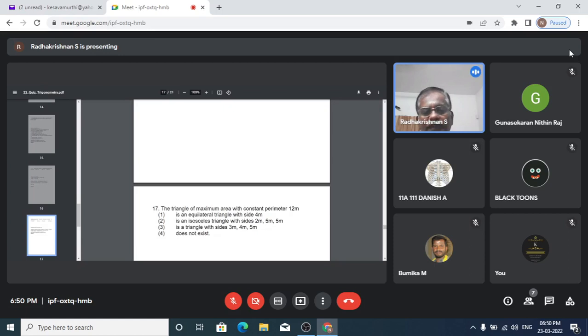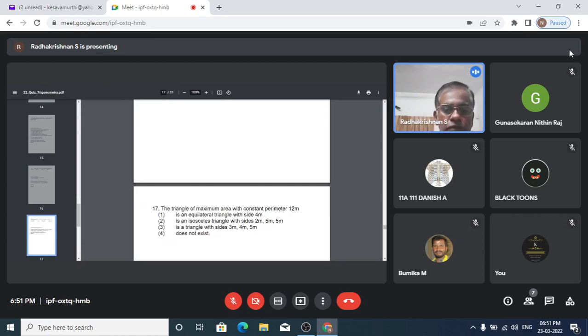So you can take this as a given, okay? Because the proof of that involves complex calculations involving calculus, so no need to go into that. But you understand that for a given perimeter, the maximum area is for the equilateral triangle. So since the perimeter is 12 meter, if it is an equilateral triangle, its side will be 12 by 3, which is 4 meters.